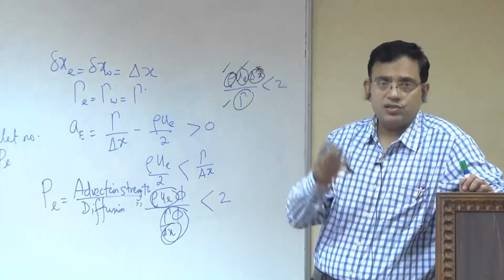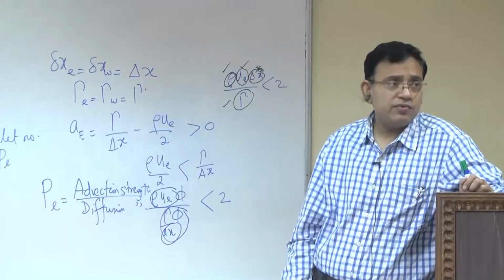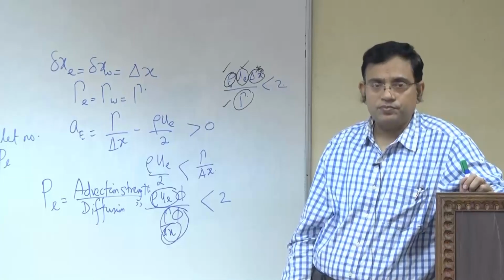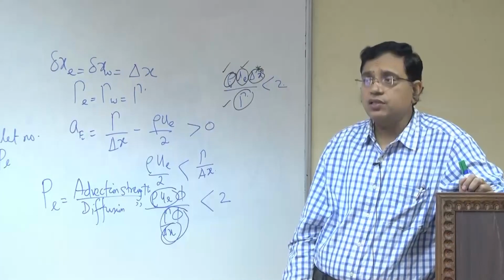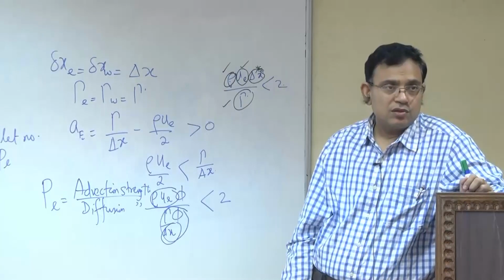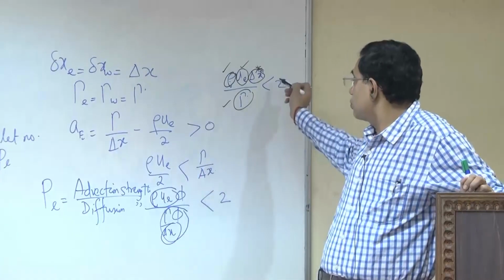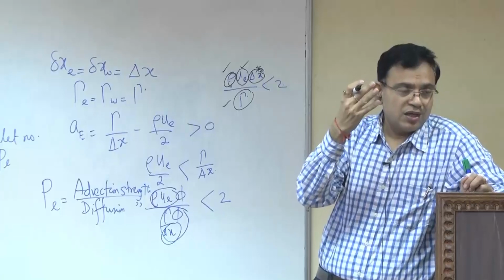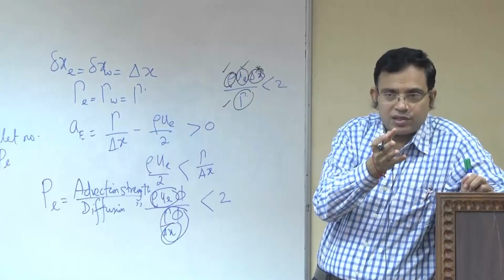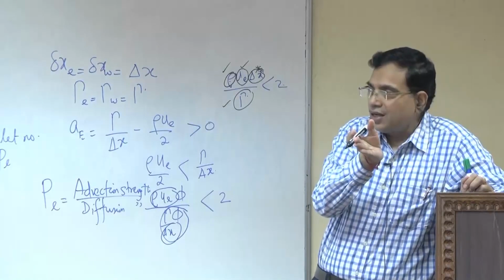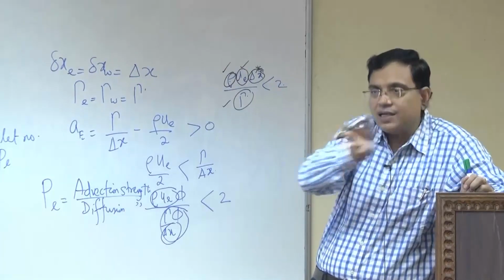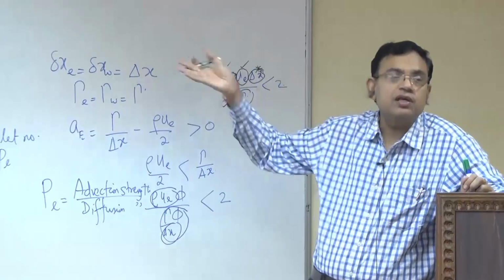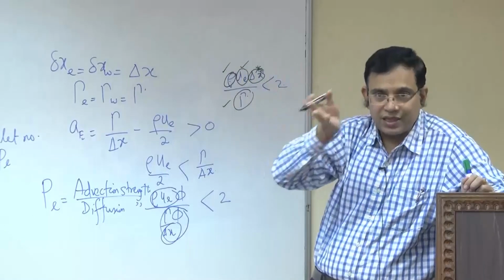You can have a large velocity, and then it will blow up. So, the large velocity situation, or beyond the threshold value so that this is not satisfied, is your vulnerable situation. And large velocity means that you have a fluid flow sweeping the entire thing quite fast from the west to the east. That is what is physically happening.